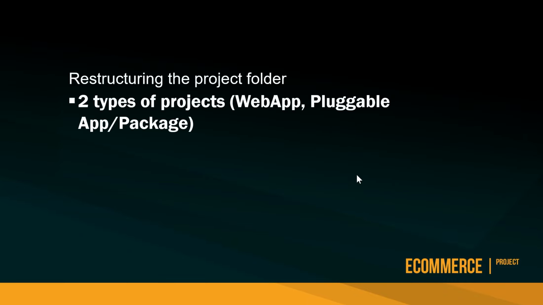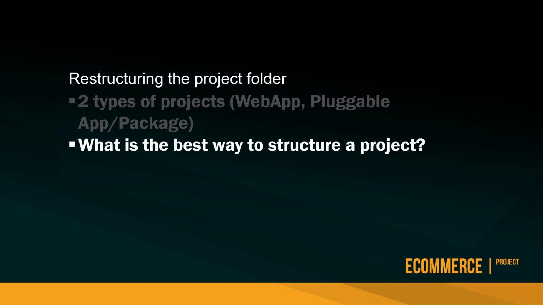There are, of course, two types of projects that we might want to build with Django or Python, maybe a web application, for example, or maybe a pluggable app or package. And that might also dictate how we structure our project folder. The big question, of course, is what is the best way to structure a project?